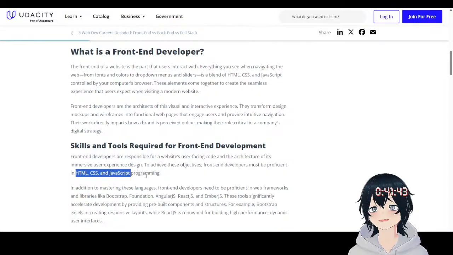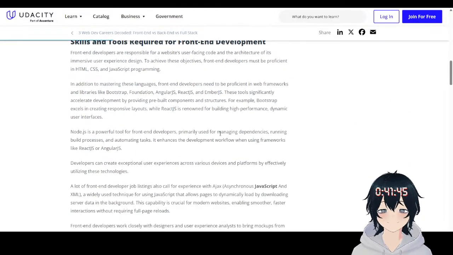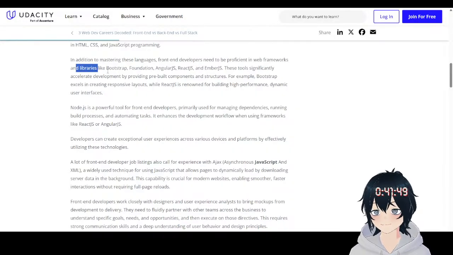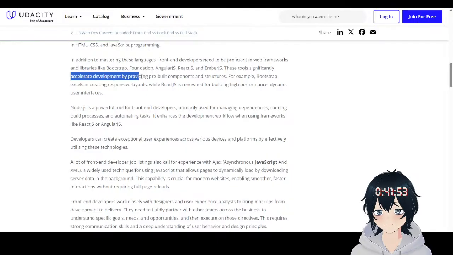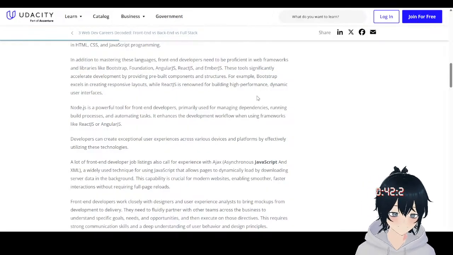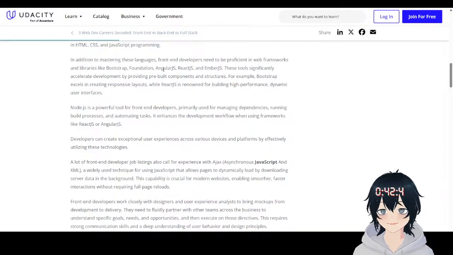Finance and industry, okay. Frameworks and libraries. Accelerate development. Pre-built components and structures. I've done this before. I've heard of this.